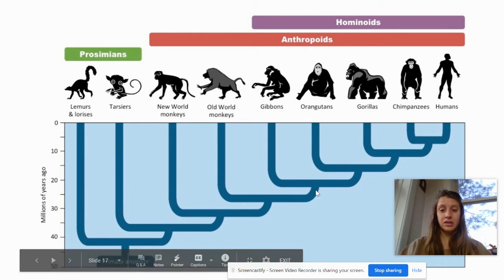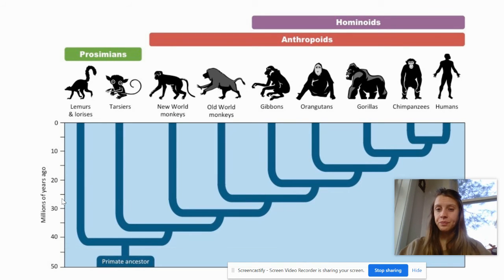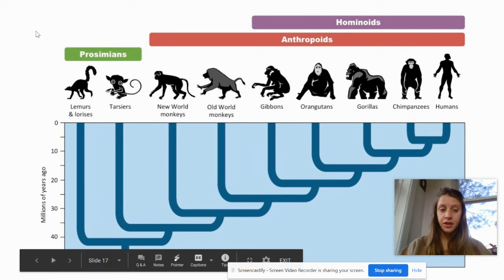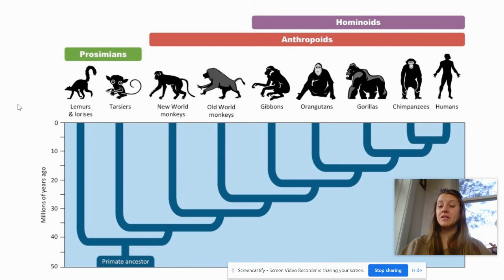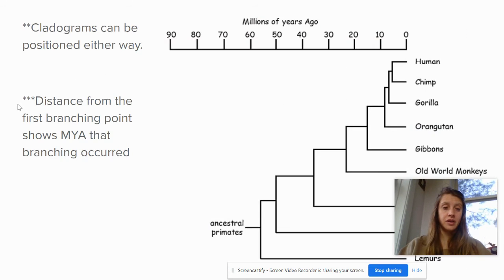If we trace gibbons back to where it meets old world monkeys, we have it right here. So that would be the same, about 25 million years ago. That's how we can measure how long ago species shared a common ancestor.